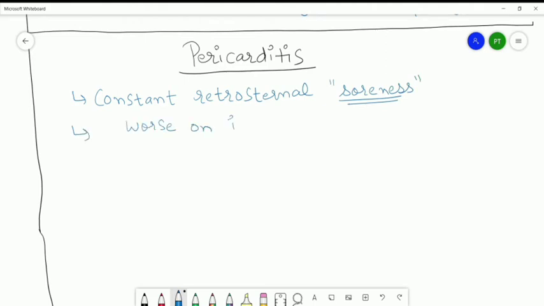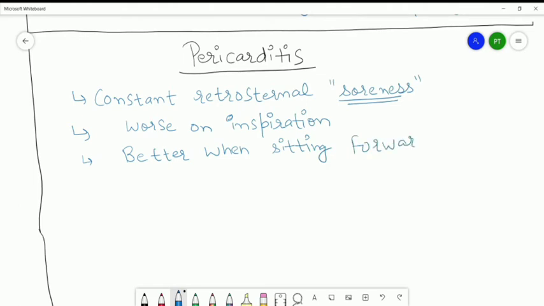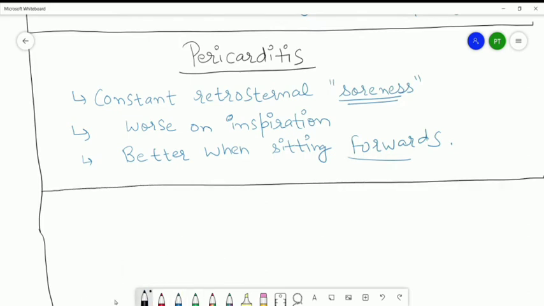This gets worse on inspiration, on inhaling, and it gets better when sitting forwards. Okay, so this is about pericarditis.